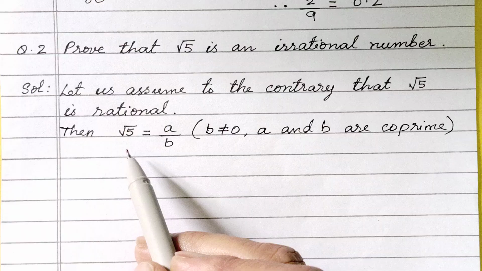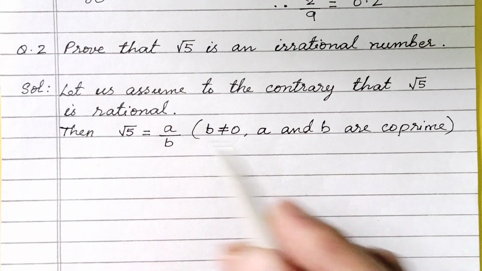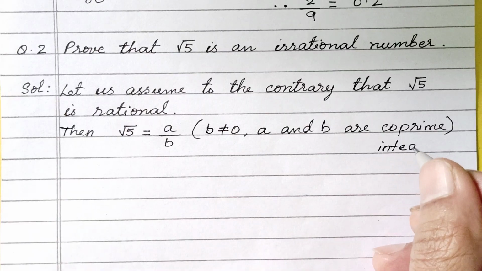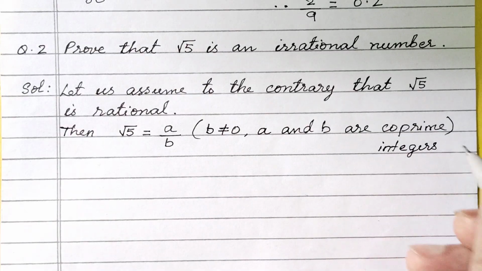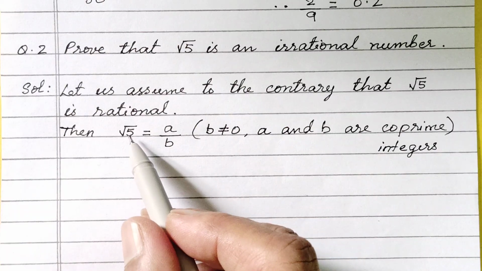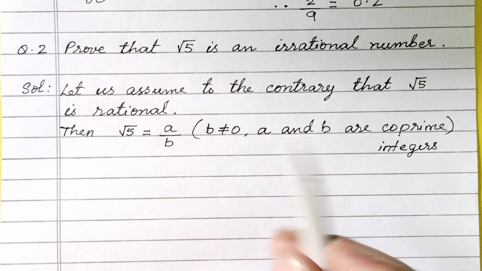So we can find co-prime integers a and b such that root 5 is equal to a by b, where b is not equal to 0.